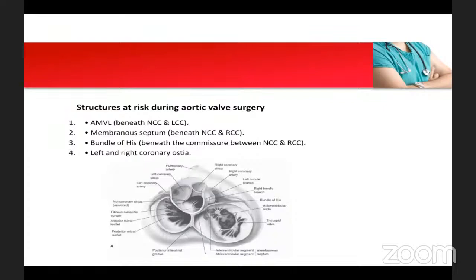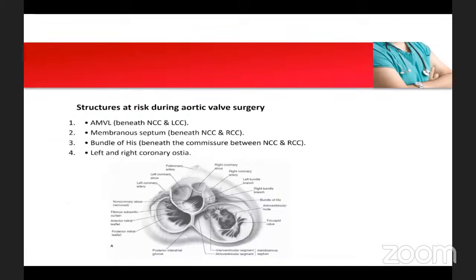So it's important, as discussed in the previous talk by Dr. Isa, to understand the surgical anatomy of the aortic valve and to avoid the commonly injured structures during aortic valve replacement. This is a cross section of the heart. We can see anteriorly the aorta and the mitral valve leaflet on the left, and the tricuspid valve on the right of the screen.